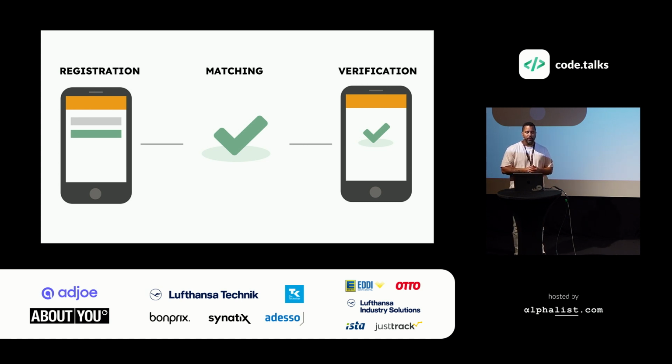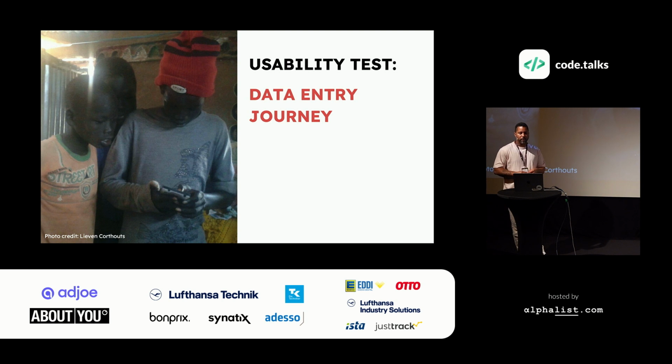After the first inception of this idea, I created a clickable prototype so that we could have a fast turnaround with feedback from folks in Kakuma. So to keep true to our principles of on-the-ground involvement, we trained some contacts in Kakuma via Skype to do usability testings and gave them a test script. And we started with the test of the data entry journey.